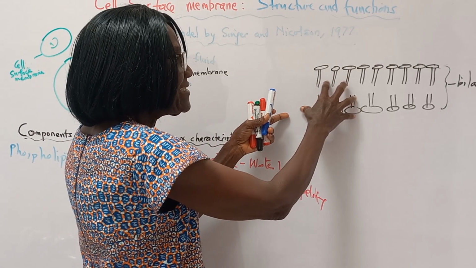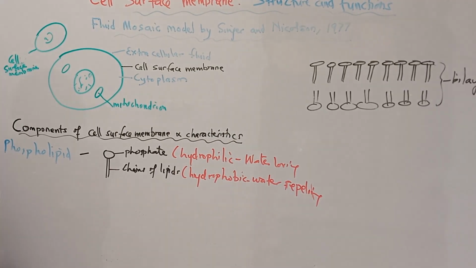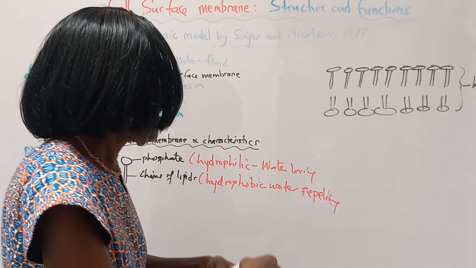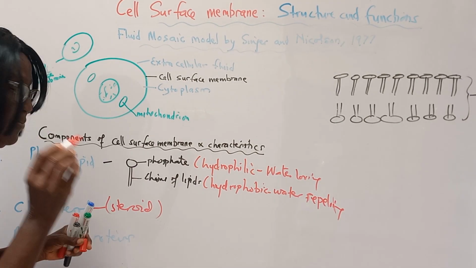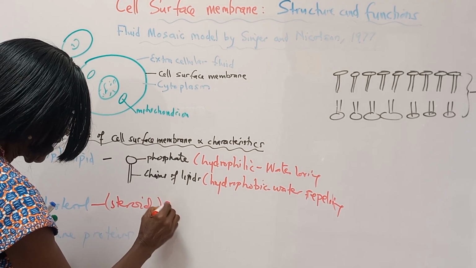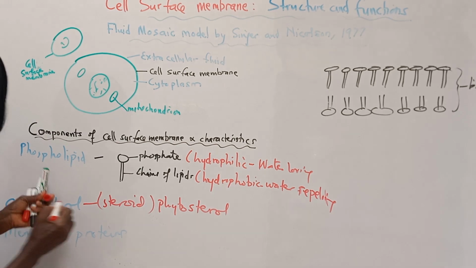Now, embedded in the bilayer of phospholipid are cholesterol and membrane protein. The cholesterol is a steroid, and in animal membranes we have cholesterol, but in plants we have phytosterol, which is a kind of sterol in plants.